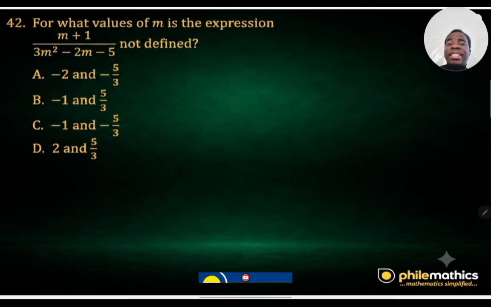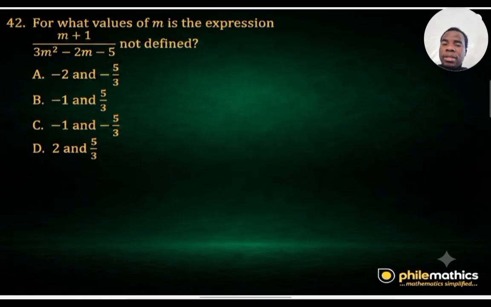This question takes our knowledge of how to find where a function is undefined, and then it trickles down to how to factorize a quadratic equation. It says, for what values of m is the expression (m plus 1) over (3m squared minus 2m minus 5) not defined?